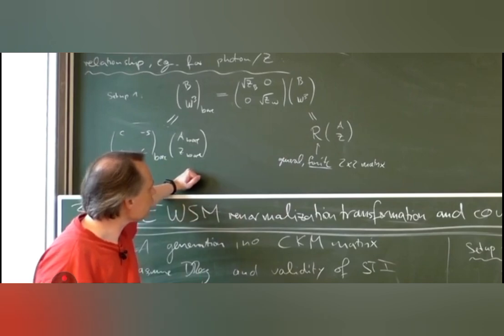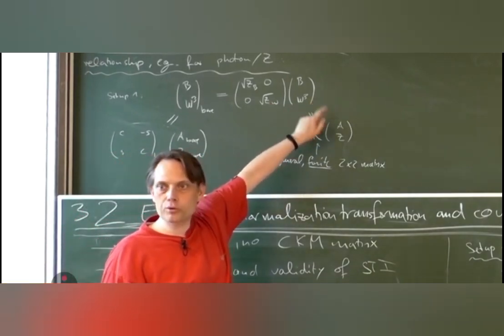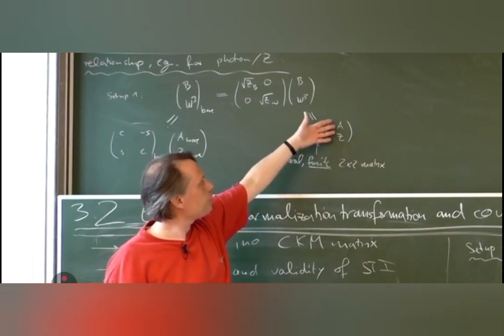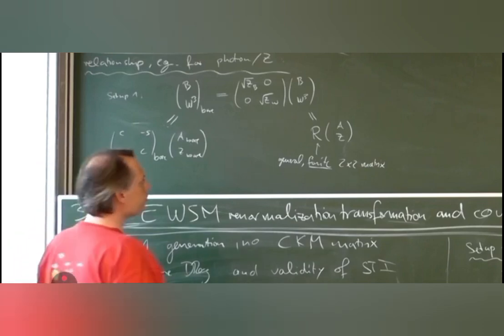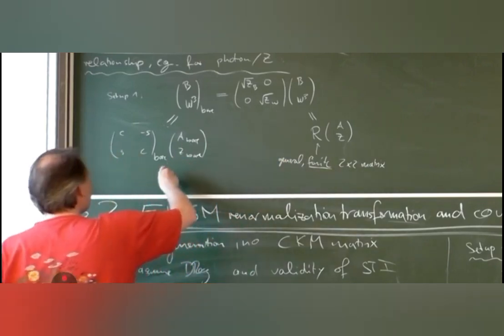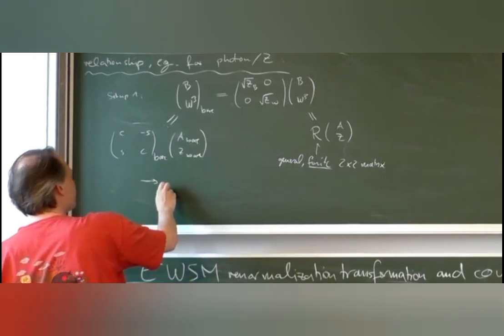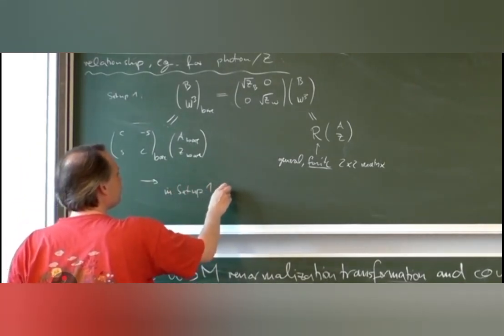And then that means, since the theory was already finite at this point, it is also finite at that point, and so you can express a finite theory in terms of finite photon and Z boson fields, which you have introduced in this way.